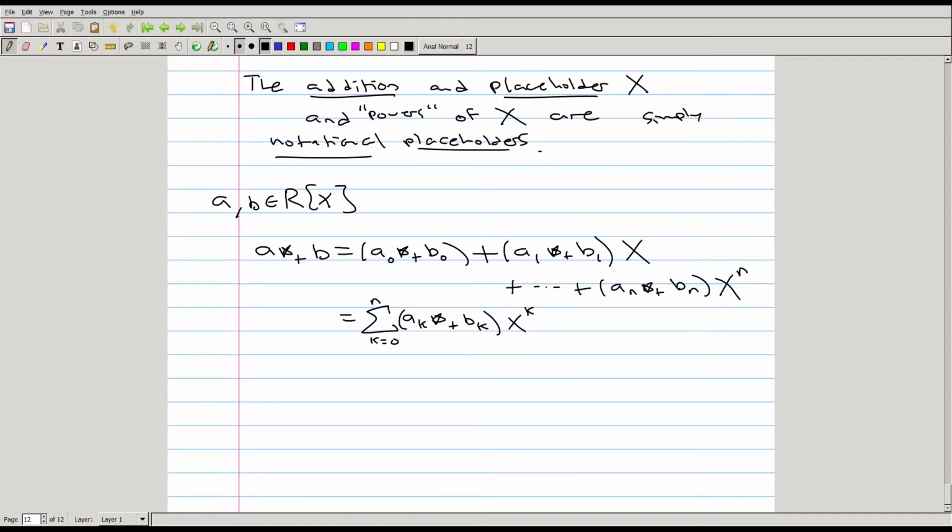Likewise, we can go through and define multiplication on this ring to be completely analogous to normal multiplication of polynomials.